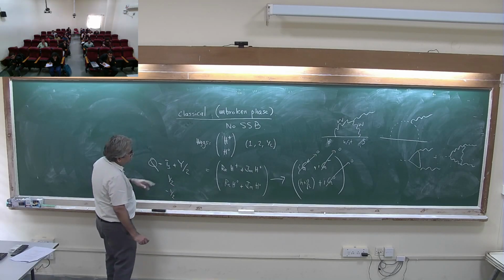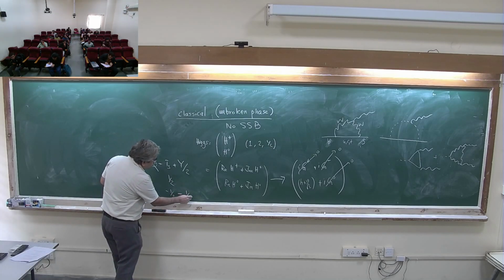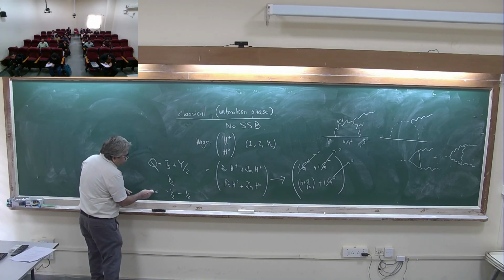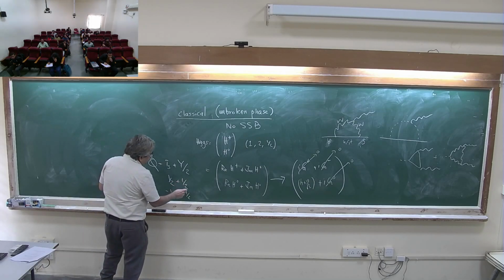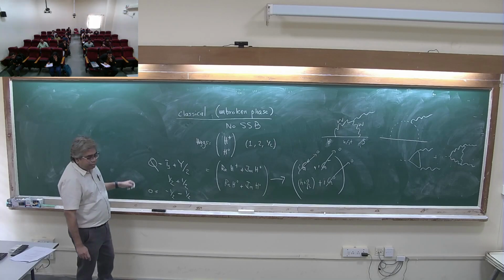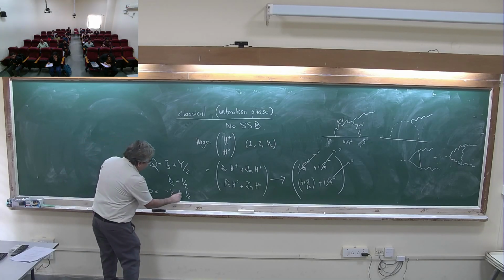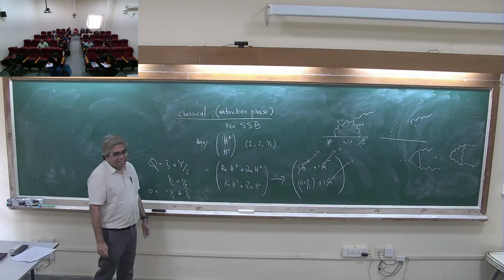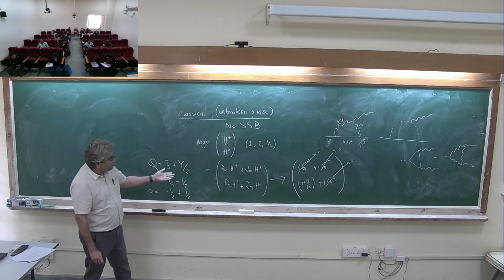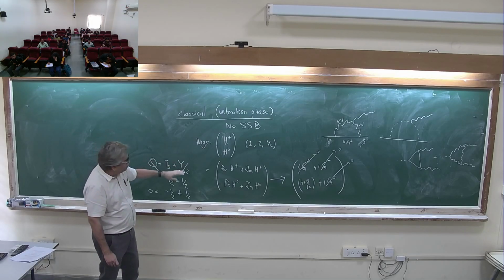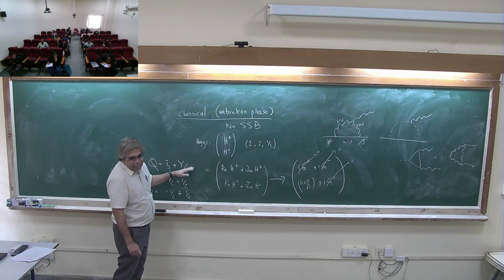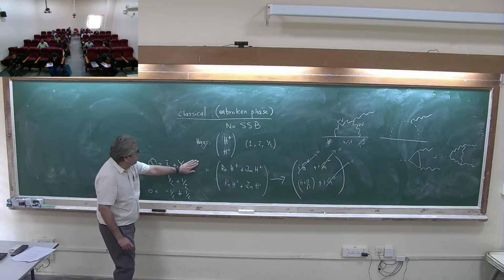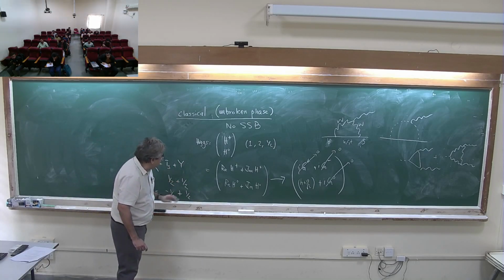Now Y should be such that the total charge of the lower part is zero, and the upper part is one. So Y should then be one, or half, depending on the freedom of normalization which I mentioned.